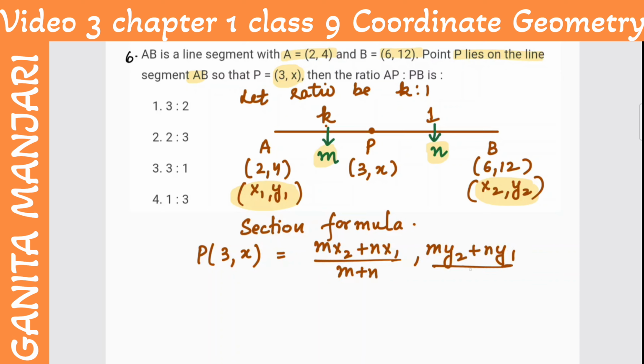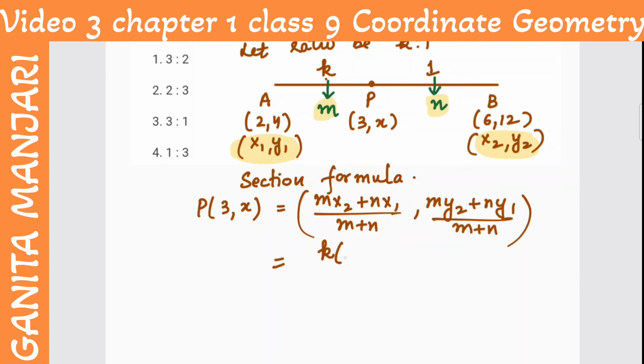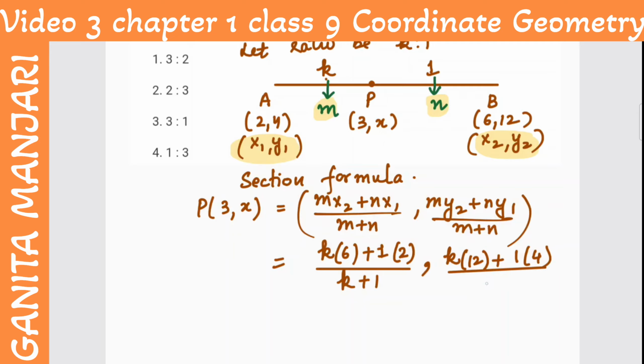M is k, x2 is 6, n is 1, x1 is 2. You can see the values upon m plus n, which is k plus 1. Now the ordinate part: m is k, y2 is 12, plus n is 1, y1 is 4, upon k plus 1.